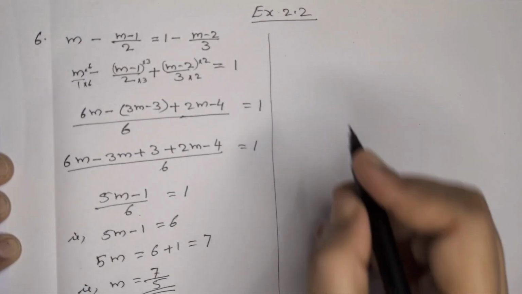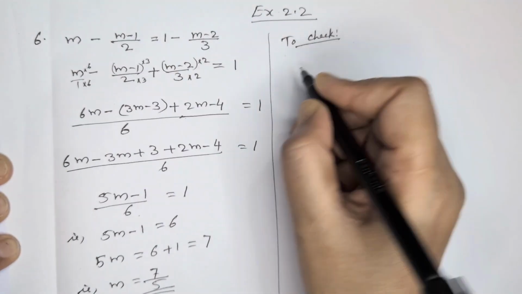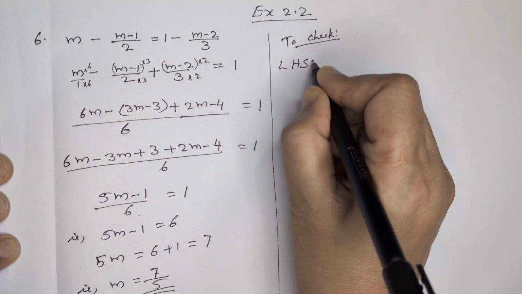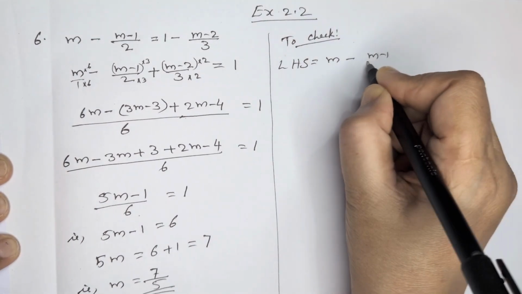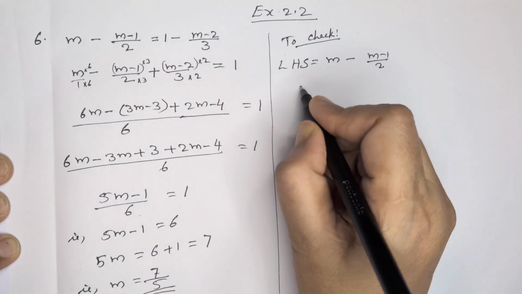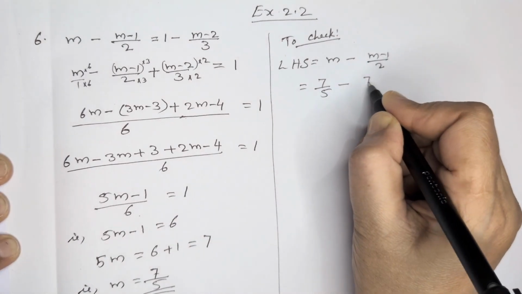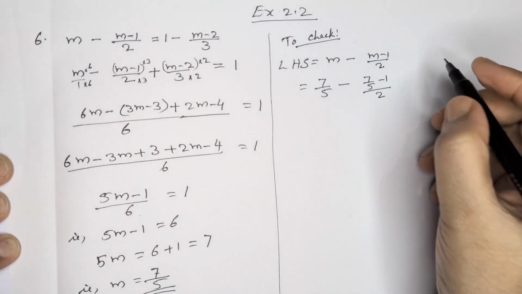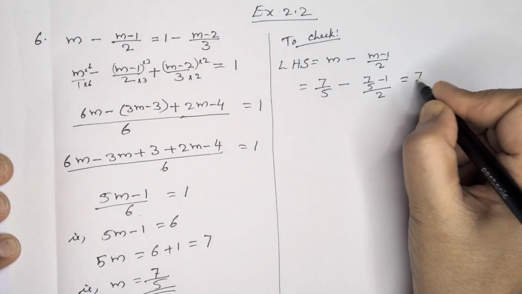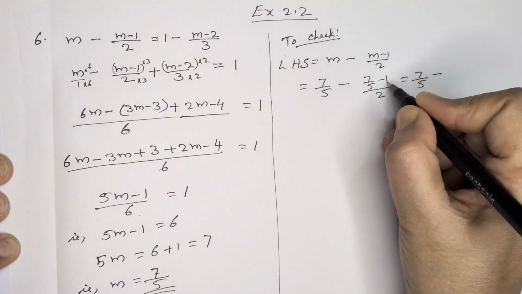Now to check. First we have to take LHS. LHS is equal to (m minus 1)/2. That means (7 by 5 minus 1)/2. This we can write 7 by 5 minus, here 5 was the LCM.